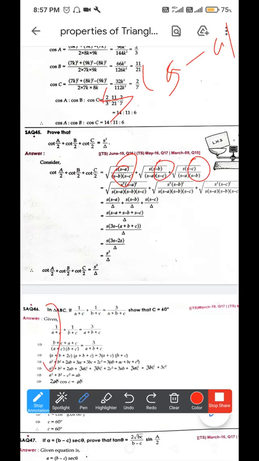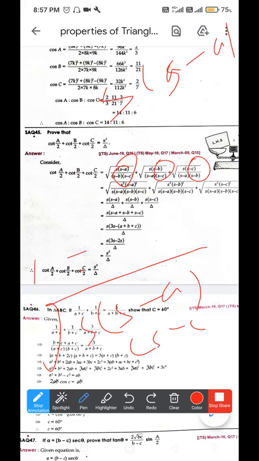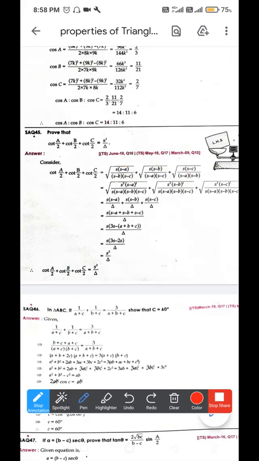Because root of S into S minus A into S minus B into S minus C is nothing but delta. Delta is nothing but root of S into S minus A into S minus B into S minus C. So multiplied and divided, squares and roots will get cancelled, and this root will be delta.